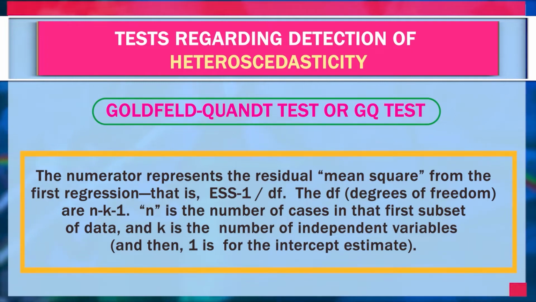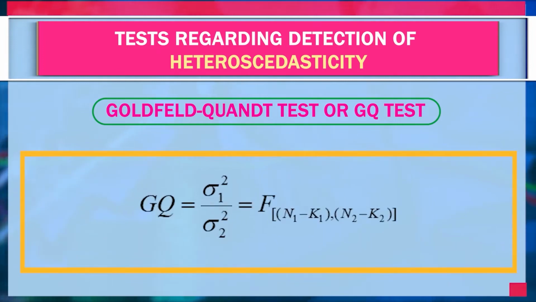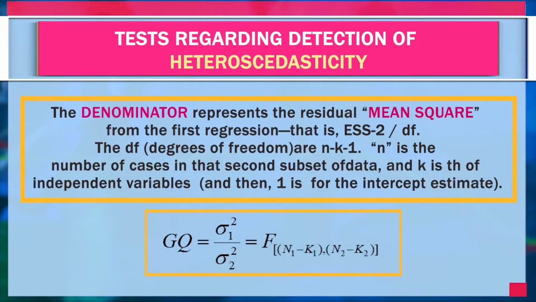Here we concentrate mainly on the first regression, which is done for the higher income groups, given by ESS1 divided by the degrees of freedom. The degrees of freedom is the number of observations minus the number of estimators. As a result, the first regression gives sigma 1 squared, which is the numerator of the GQ coefficient.